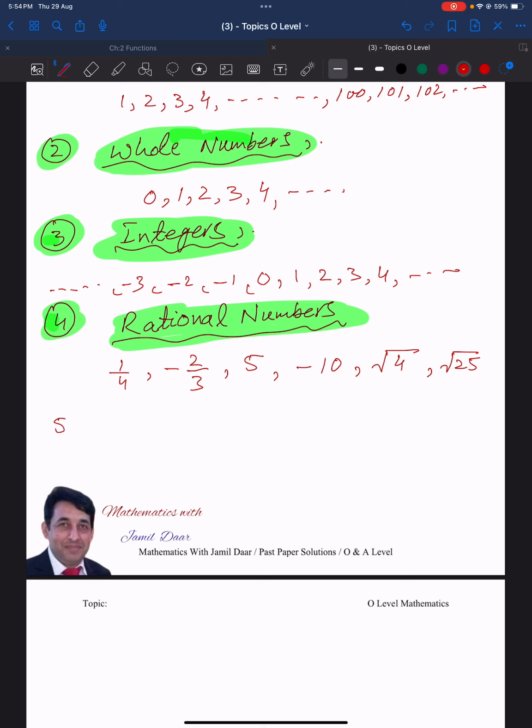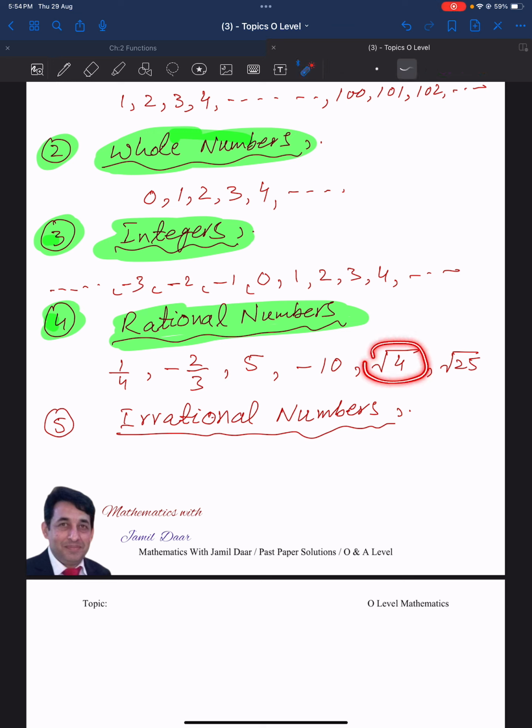Okay, the next type is obviously the irrational numbers. So what are the irrational numbers? All those numbers which are not rational. Irrational numbers are those numbers whose roots are not whole numbers.